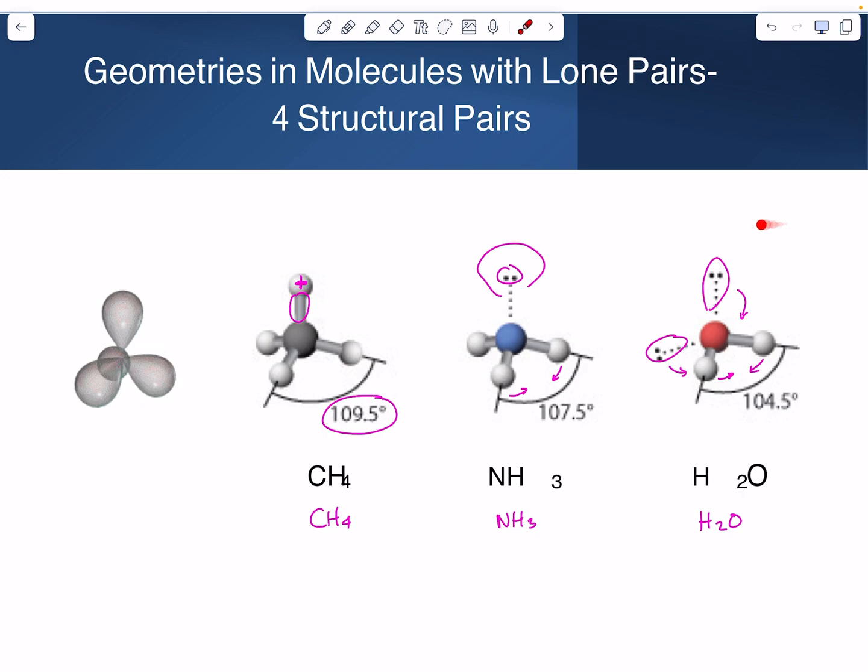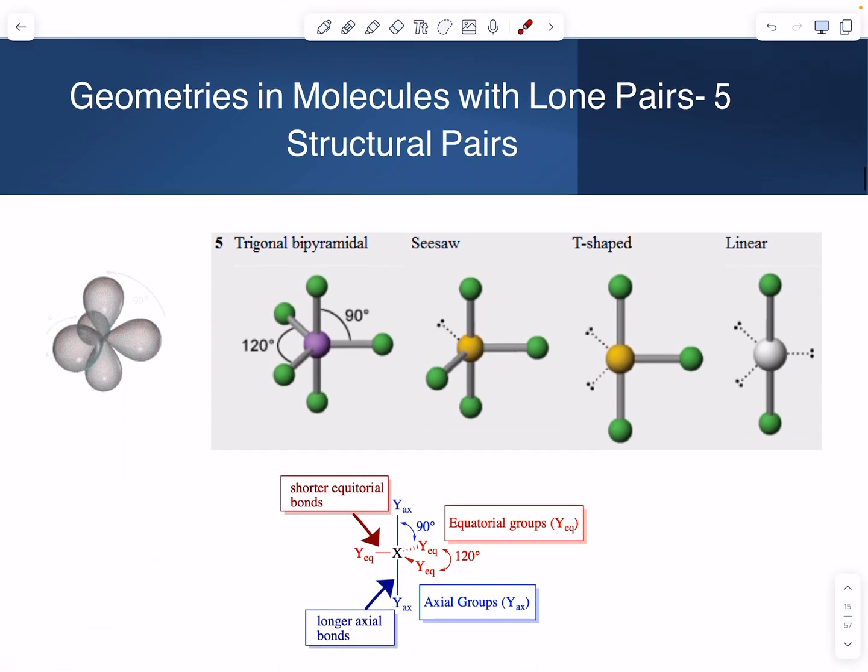All of these we would say have tetrahedral electron pair geometry, but the molecular geometry is slightly different due to the fact that we have some lone pairs, and they have a slightly different influence on the other electrons than a bonding pair does. All right, so that's how lone pairs affect things.